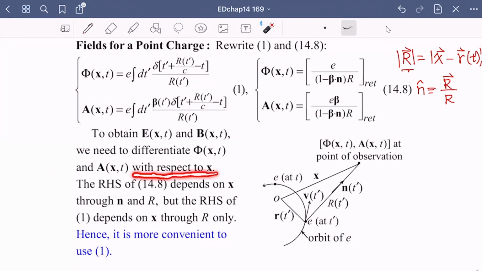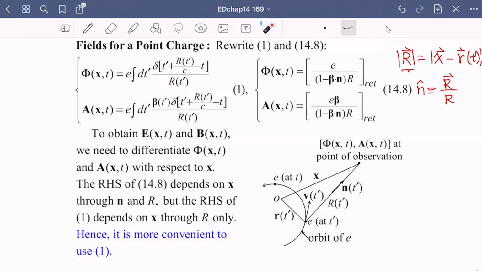But the right-hand side of equation 1 here depends on x through R only. Just one component, R. Beta independent, t prime independent. Hence it's more convenient to use equation 1.